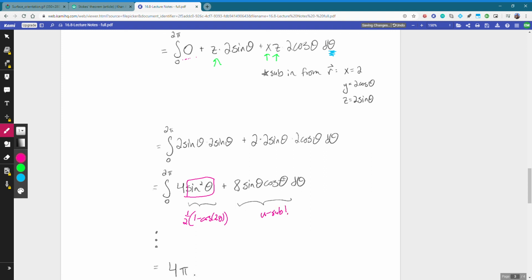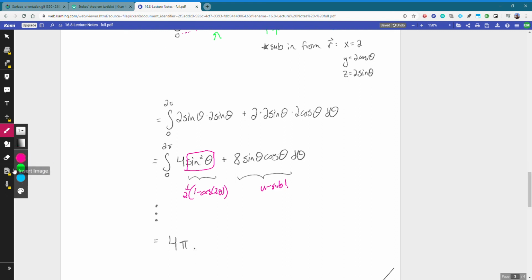And actually in this case we could make u sine or cosine, and it'll work out, right? Just because either one's derivative is more or less floating around right outside. I'll leave the details for you to work out on your own. At the end of the day, what we get is 4 pi.